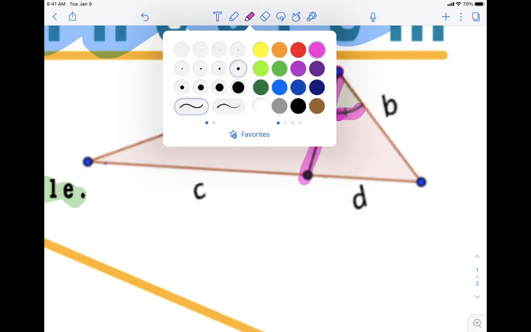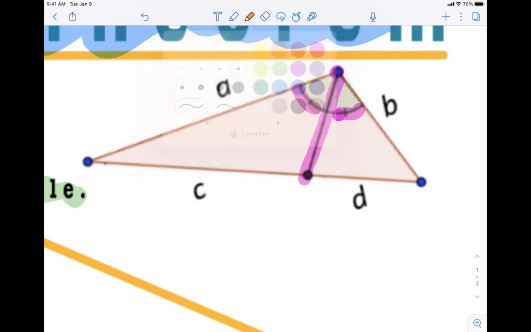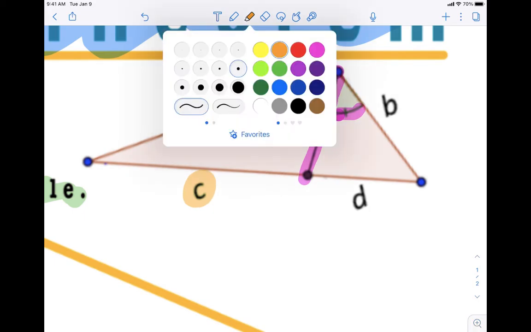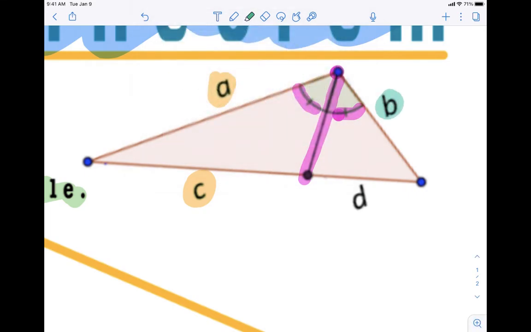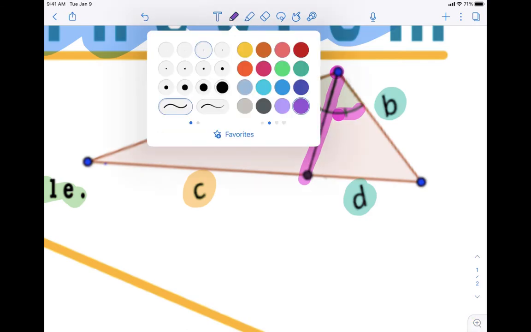So let me do this. So this A has a relationship with this C, and this B has a relationship with this D. And these relationships are proportional, they are equal. So let me show you how that works. Right?